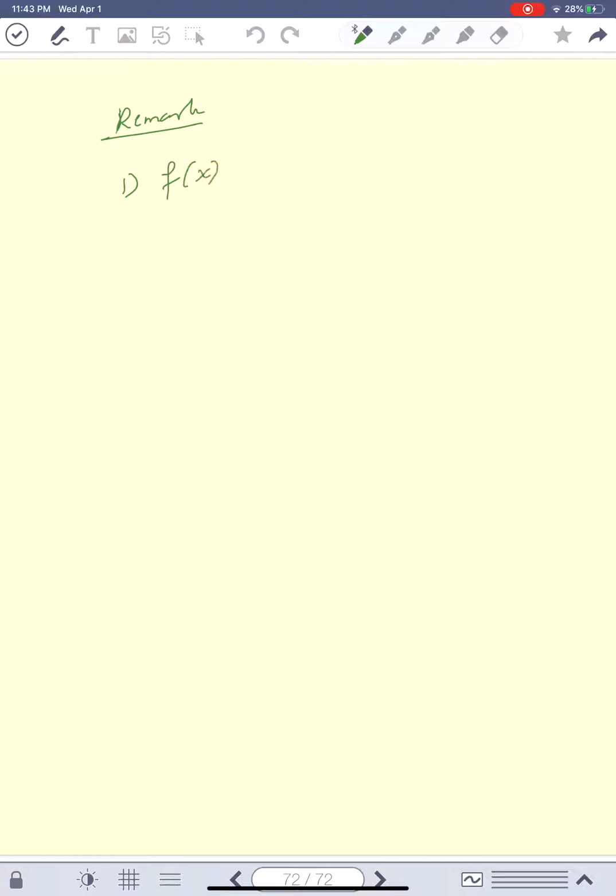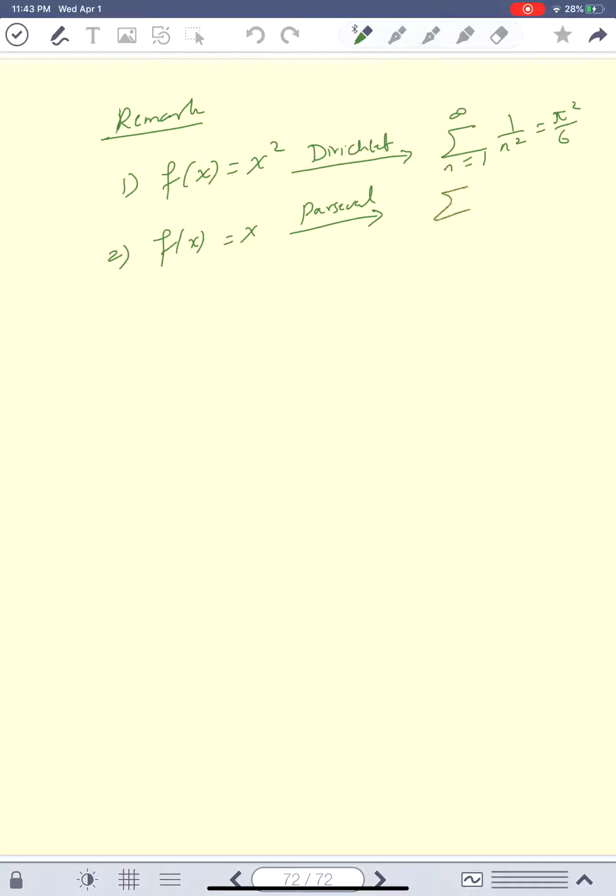The function x squared, we applied Dirichlet, we got the sum from 1 to infinity of 1 over n squared is pi squared over 6. The function x, we applied what? We applied Parseval's identity, we reached the same conclusion.